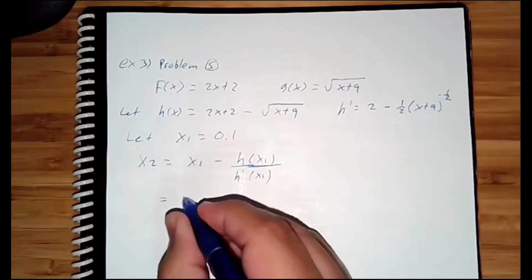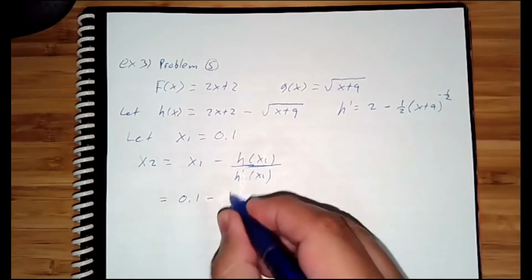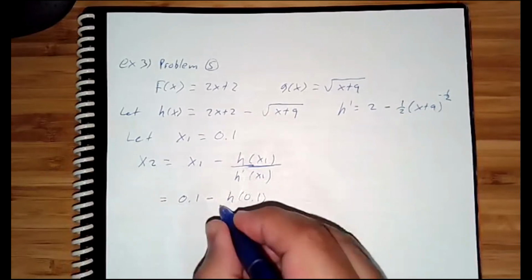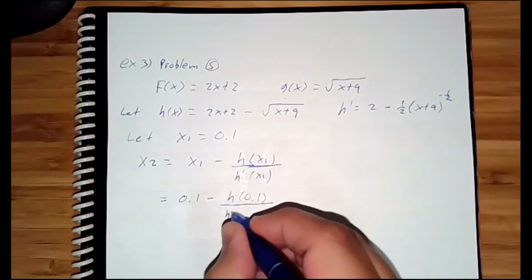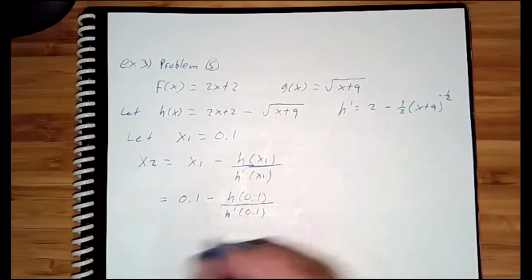So x2 will be 0.1 minus h of 0.1 over h prime of 0.1.